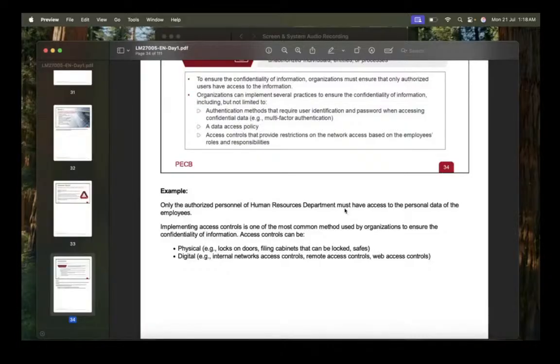Implementing access control is one of the most common methods used by organizations to ensure the confidentiality of information. So just to understand, this is an important point that you can take note of.